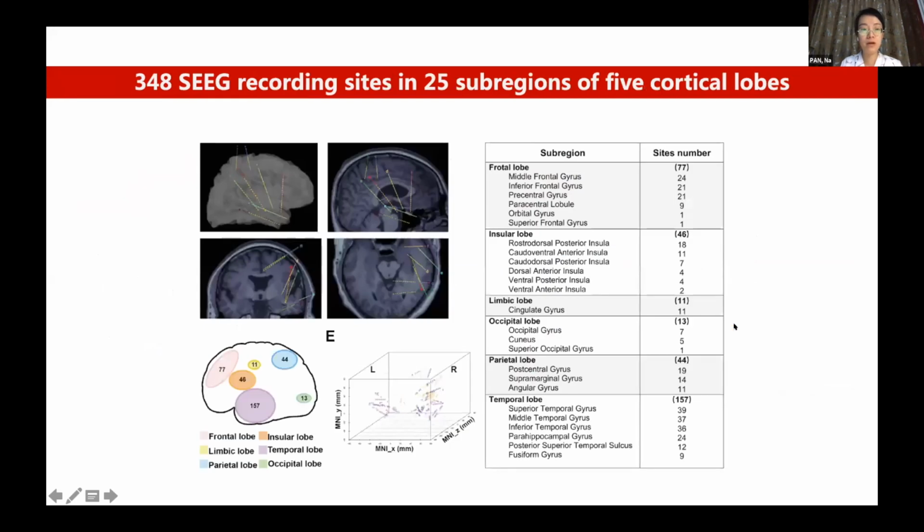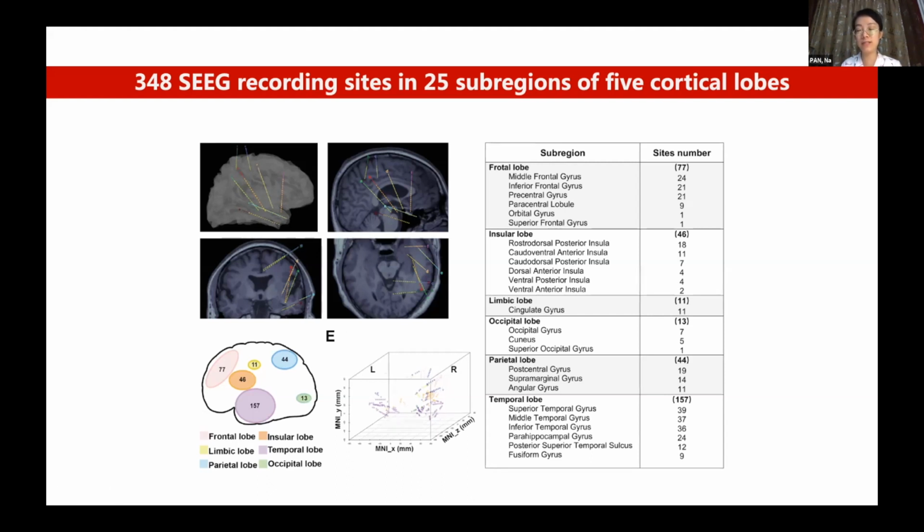To reconstruct all the recording sites, we registered the post-implantation CT images to the pre-surgery MRI to obtain the MNI coordinates of each recording site.